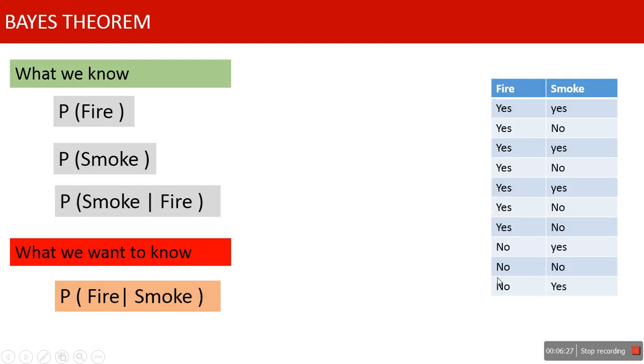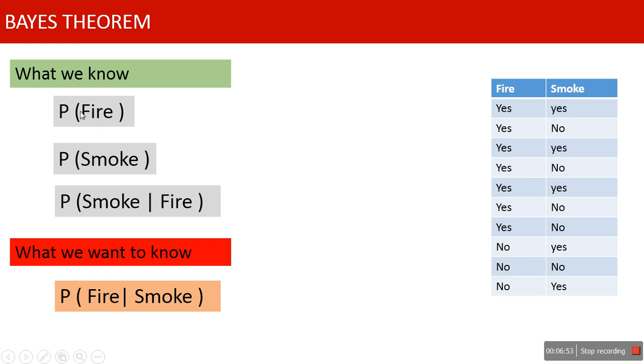I have extended this table and added some more attributes to show another class, when there was a fire and when there was no fire. What we want to know is the probability of fire given that there was smoke, and for computing this we are going to need these three probabilities, which we can easily compute from this table.